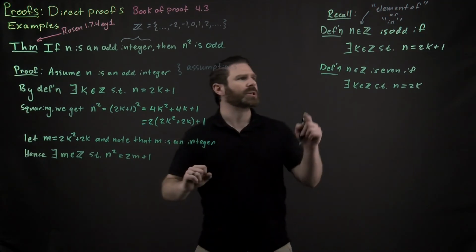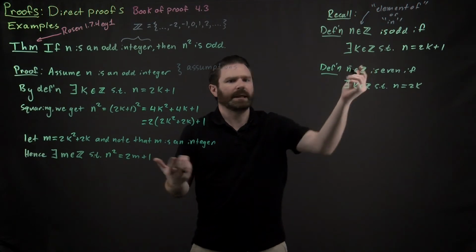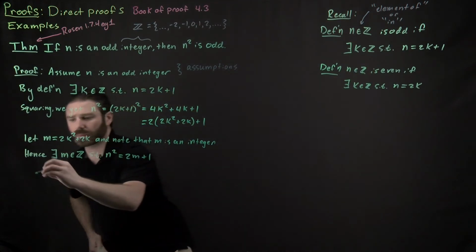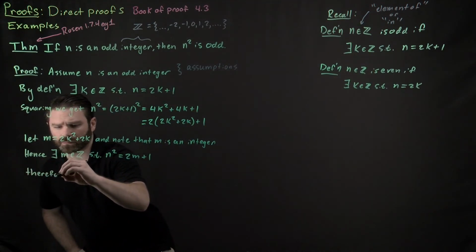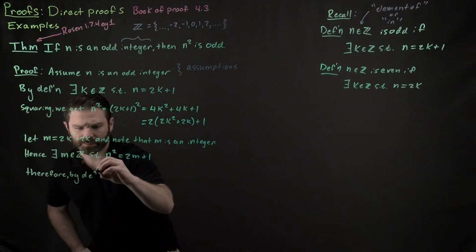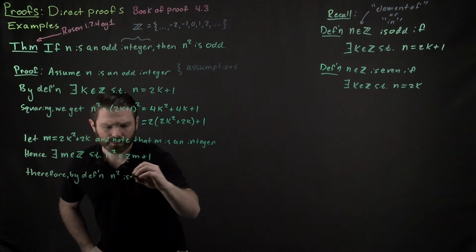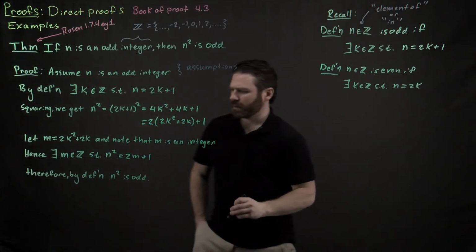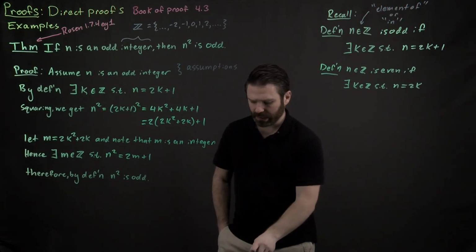Well, that's just the definition of being odd. Therefore, by definition, n squared is odd.